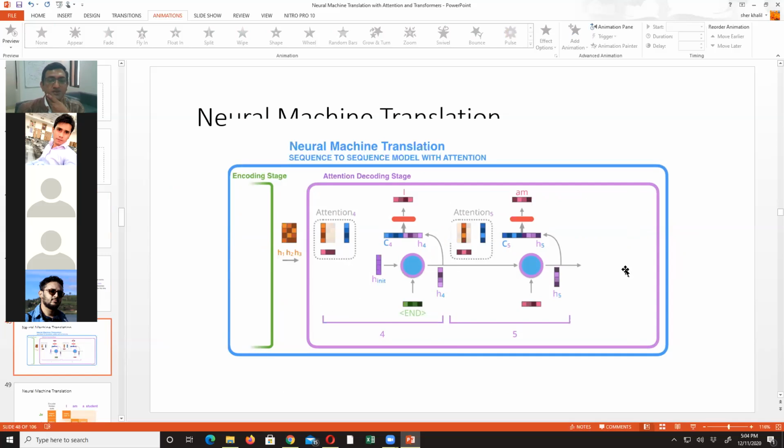Now you need to understand one thing, which is very important. When you are training the model, here at the decoder side, you will have actual inputs.